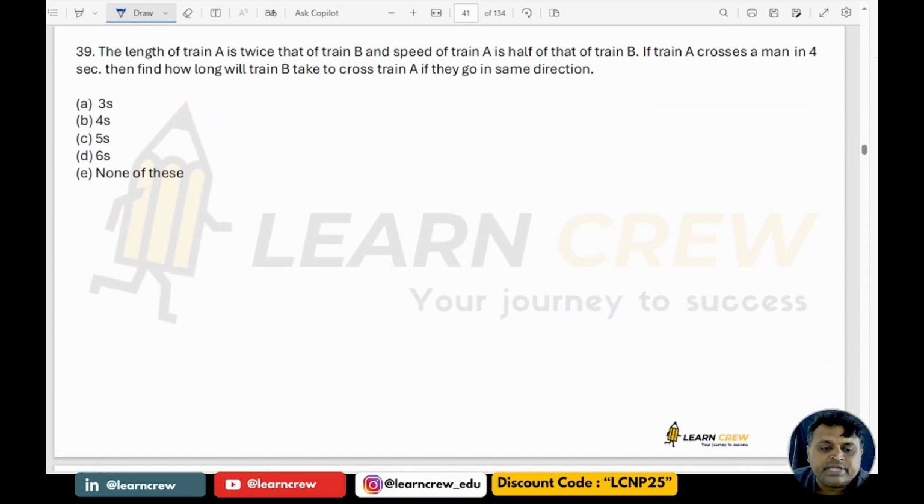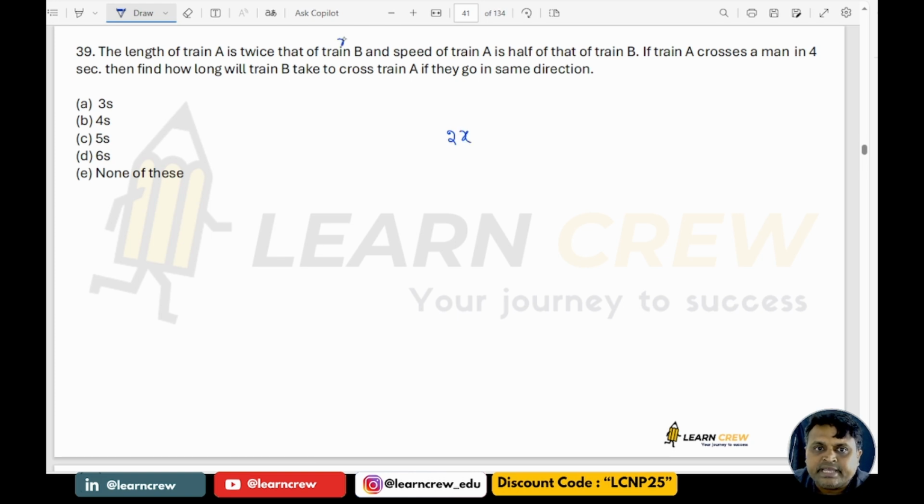The length of train A is twice that of train B, and the speed of train A is half of train B. If train A crosses a man in 4 seconds, if train B length is x, train A length is 2x.